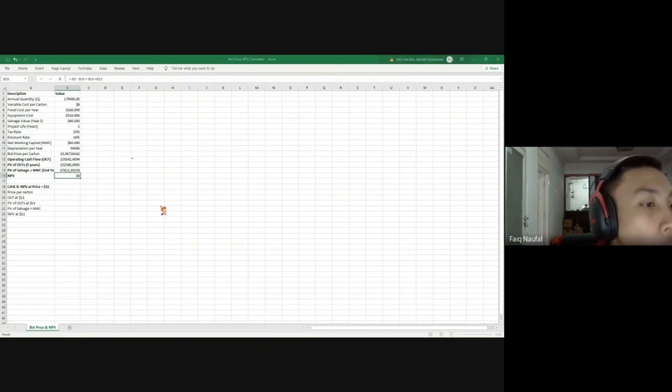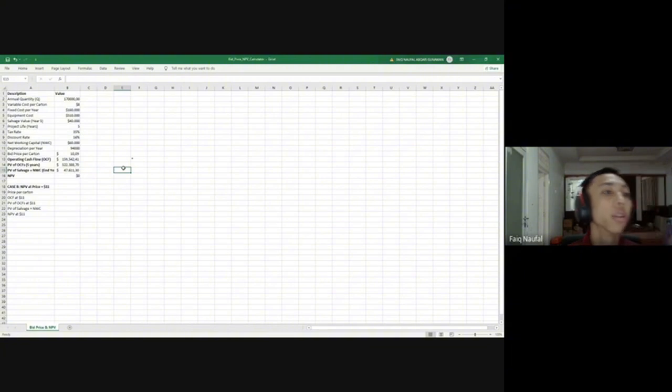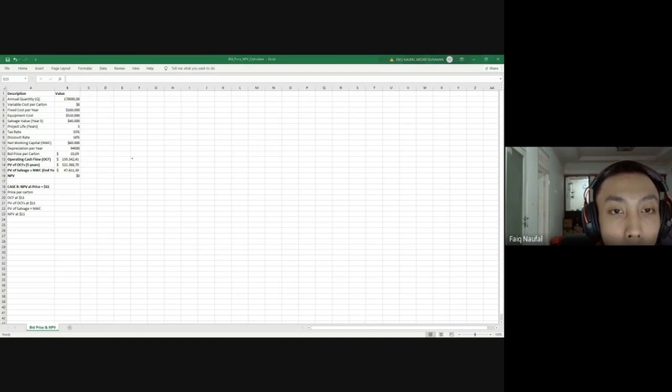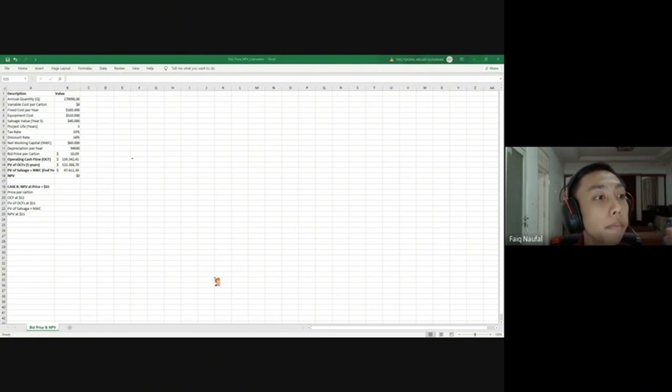The bid price per carton, we're going to change it to USD first. So the bid price per carton that we want at the return rate of 16% is $10.09.